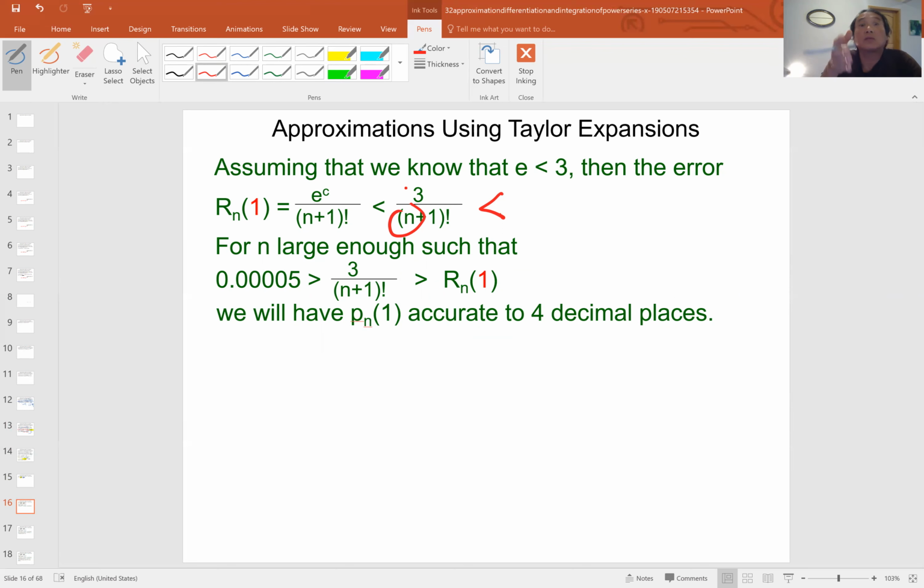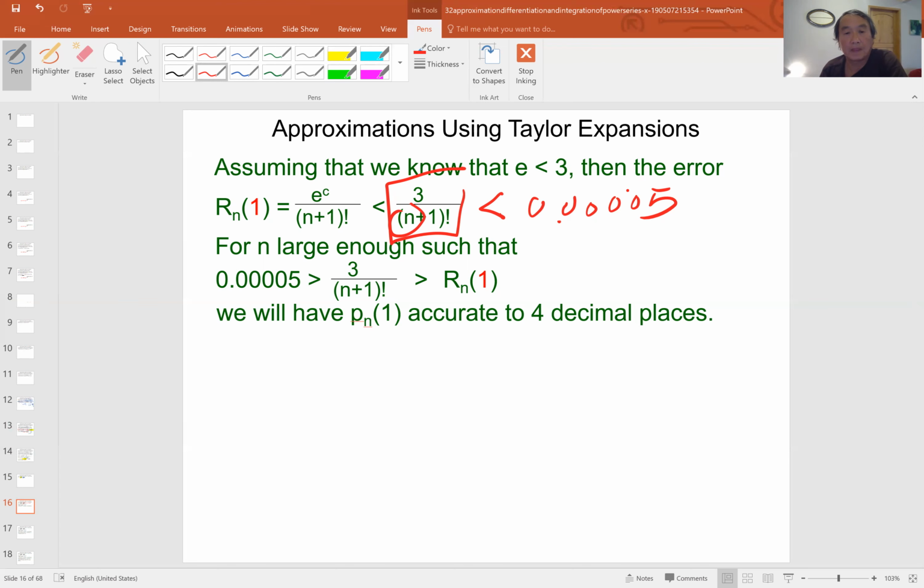I can set n to be any degree I want, because I want to decide which degree I want, so I can do the calculation. But the stipulation is that the error term has to be smaller than 0.005. So this inequality gives you the degree of the polynomial you will need to do the approximation, such that that little error term at the end, the yellow part, is small enough, guaranteed smaller than this number.